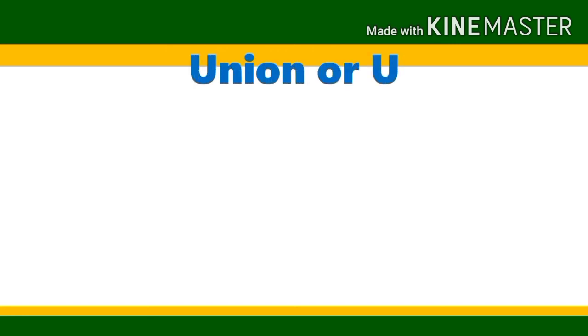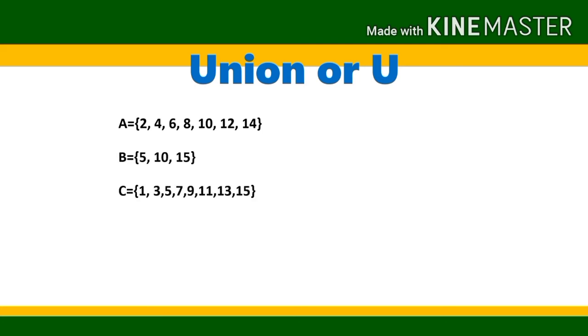So this time, we're going to discuss union and intersection. We have union. When we say union, just combine all the total elements of the given sets. But there's no repetition for the elements. For example, we have set A, set B, and set C. We're going to identify the elements of set A union B. So we're going to identify the elements of A and elements of B. So we have 2, 4, 5, 6, 8, 10, 12, 14, and 15.